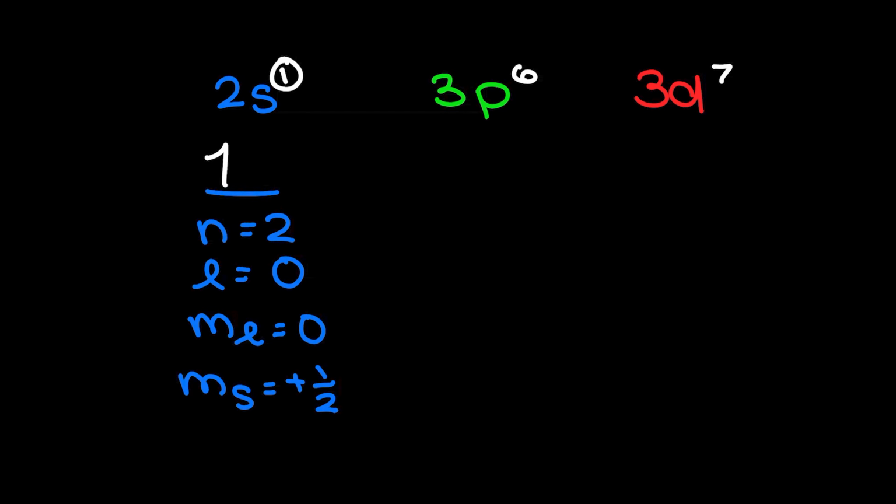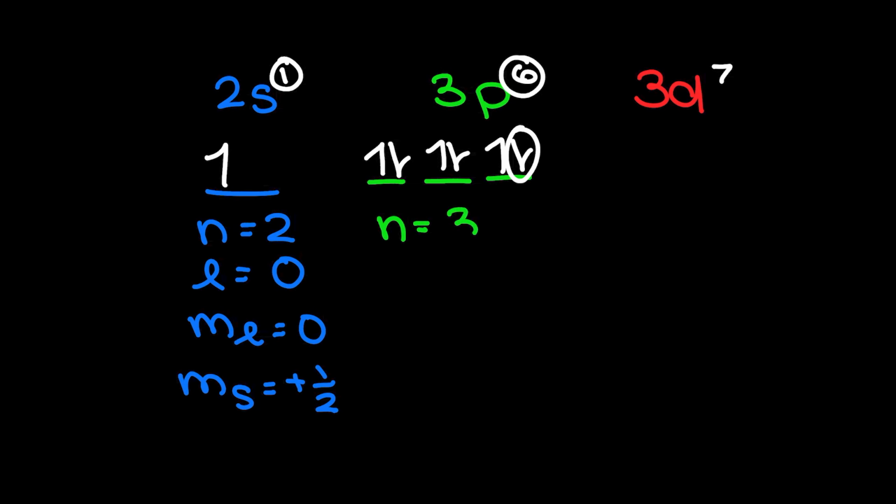Moving on to the 3p6 orbital, we know it goes s, p, d, f, so p has 3 lines. 1, 2, 3. And it has 6 electrons. We want to find what that 6th electron is. So we fill this in order. And there it is. n is equal to 3.